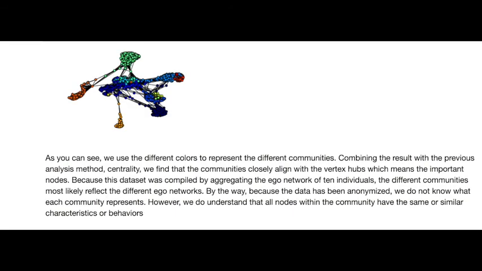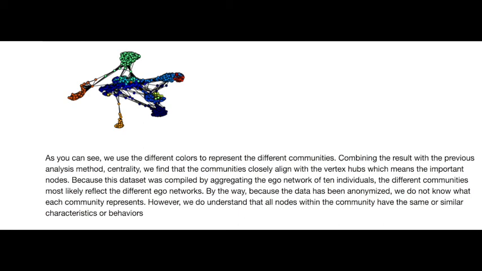As you can see from the graph, we marked every community or every cluster by different colors, and you can see that every edge has a really close distance between each other in a single community. That means those people belong to the same community, and they have a lot of similarities with each other.